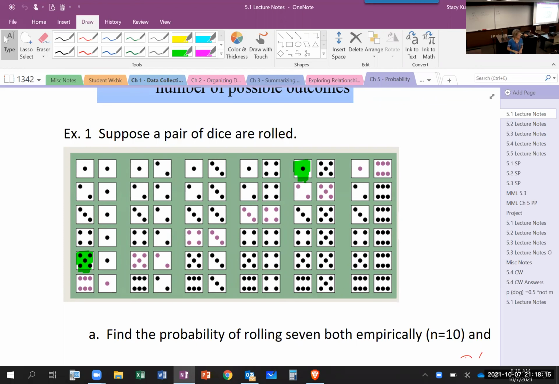I want y'all to figure out what the probability of a 2 is, a 3, the next one, a 4, a 10, 11, and a 12. Tell me, with the dice that are showing up there, what is the probability of the values I just told you?